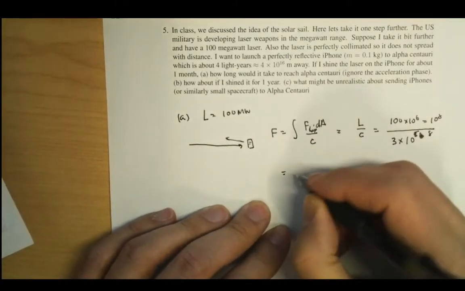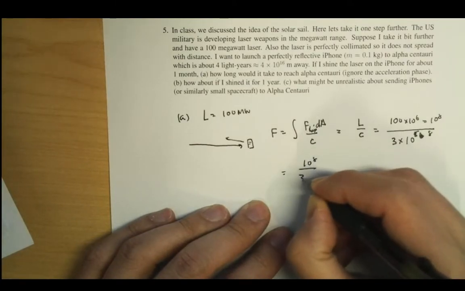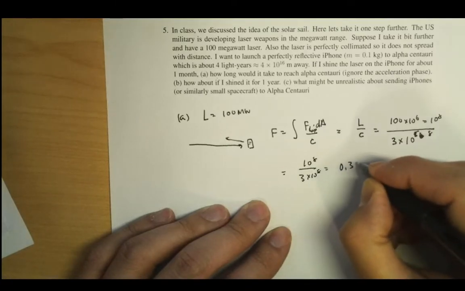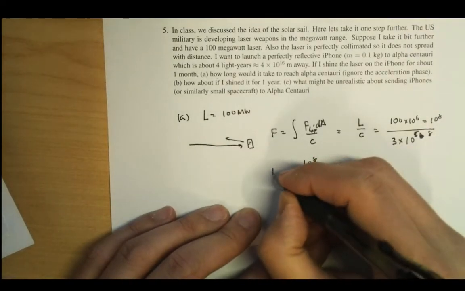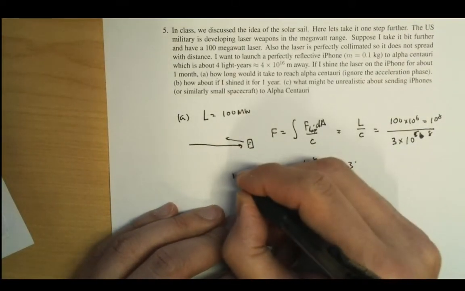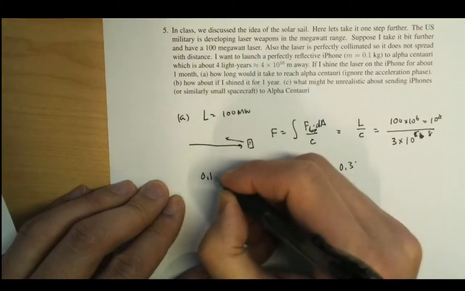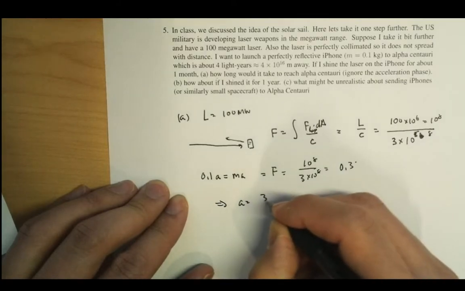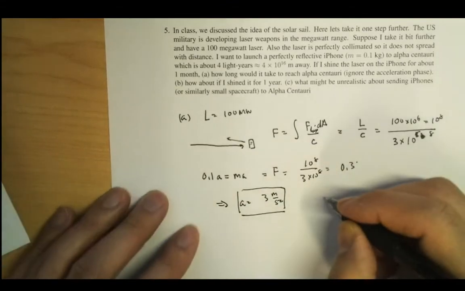It's 10 to the 8 over 3 times 10 to the 8, which is about 0.3. This force equals mass times acceleration, which is 0.1 kilograms times a. So it turns out a is not that small. a is about 3 meters per second squared. That's pretty substantial, right?